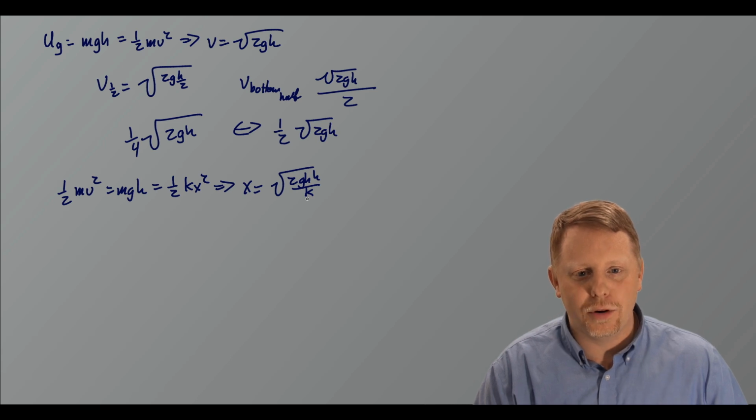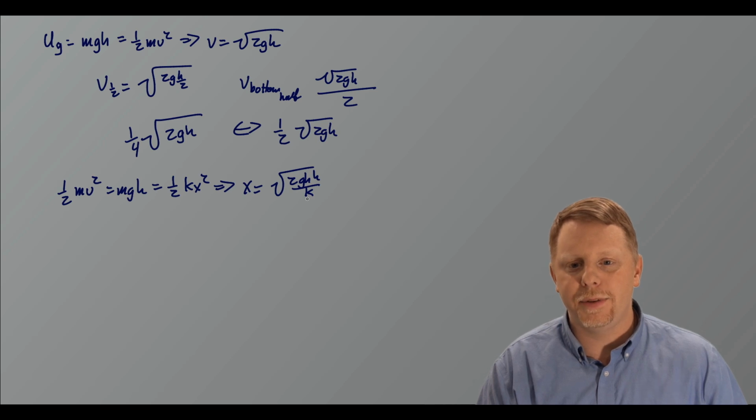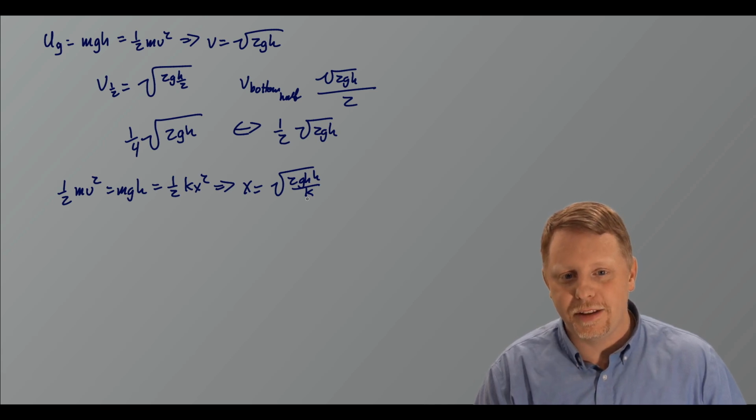Part C gets a little more interesting again. Find an expression for the time from when the block collides with the spring to when the spring reaches its maximum compression. And you could make this really simple or really complicated. Being rather simple myself, I'm going to start with the simple solution.